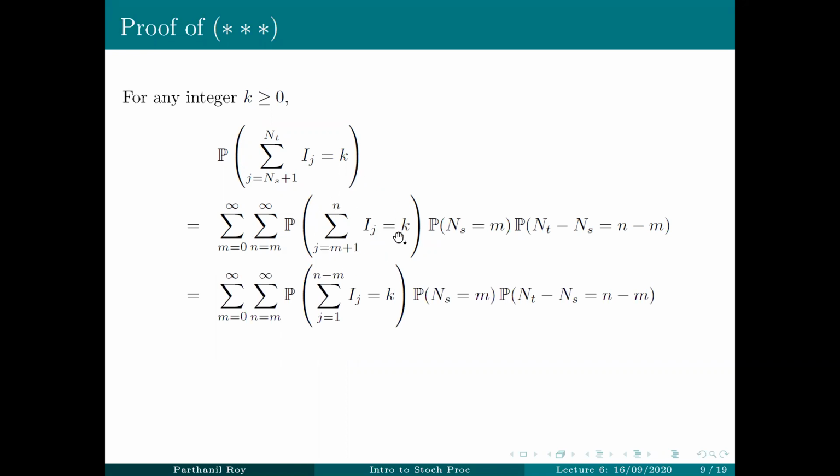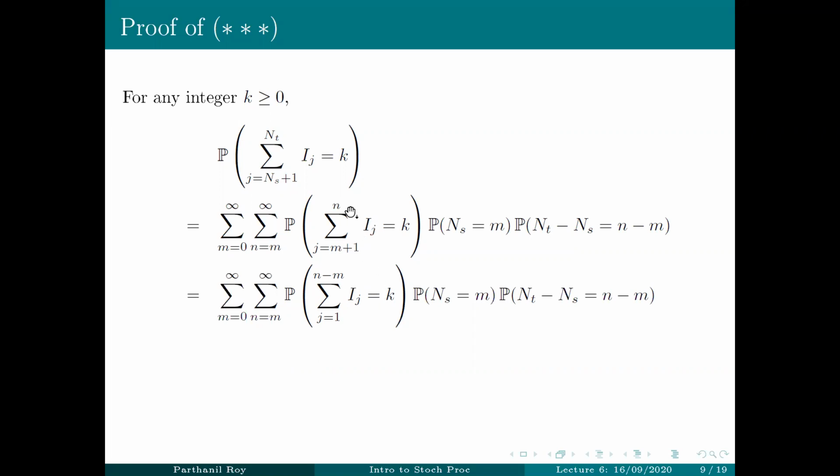And this is basically a sum of n minus m many IID Bernoulli(p)'s. So therefore, this has the same distribution as this one. So instead of taking the sum from m plus 1 to n, I could as well take the sum from 1 to n minus m. Both will have the same distribution.